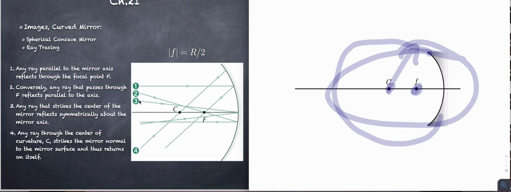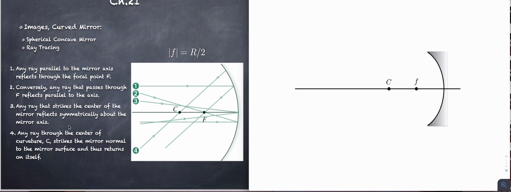Third, a ray striking the center reflects symmetrically about the center axis of the mirror. And any ray that goes through the center of curvature hits the mirror at 90 degrees and bounces right back through that point. These are the rules we can use to do ray tracing to answer questions.